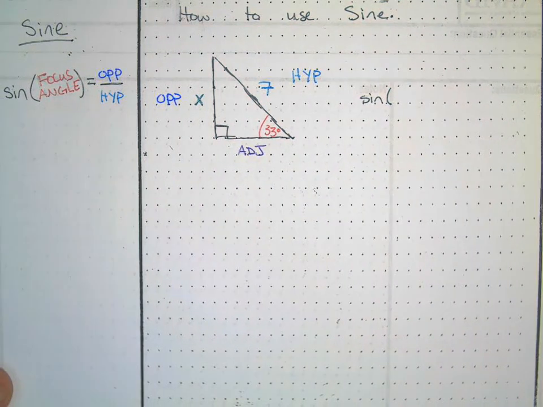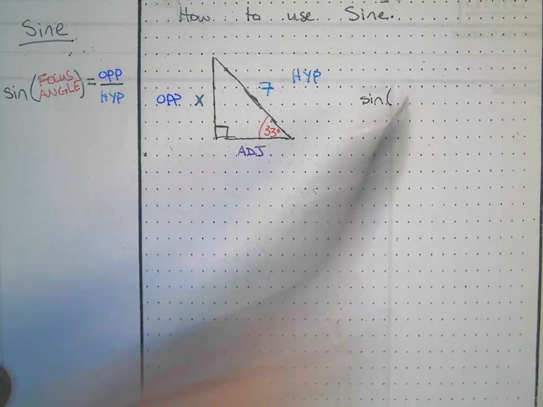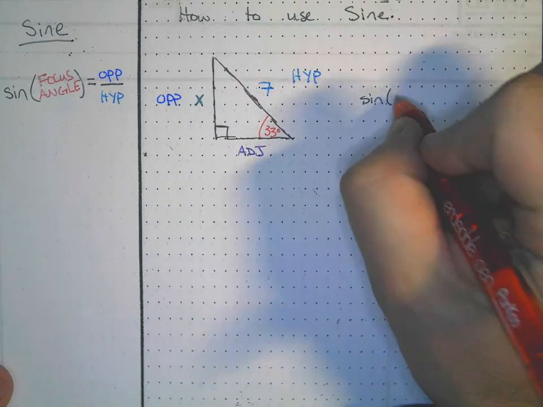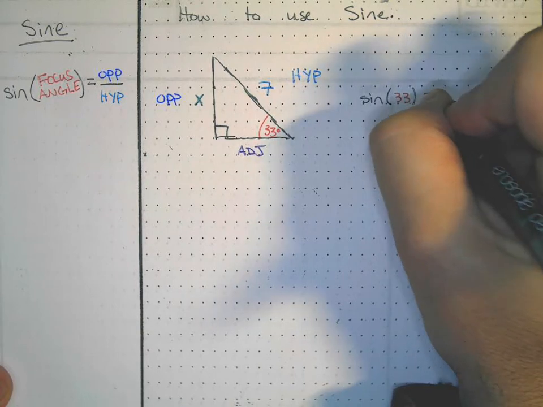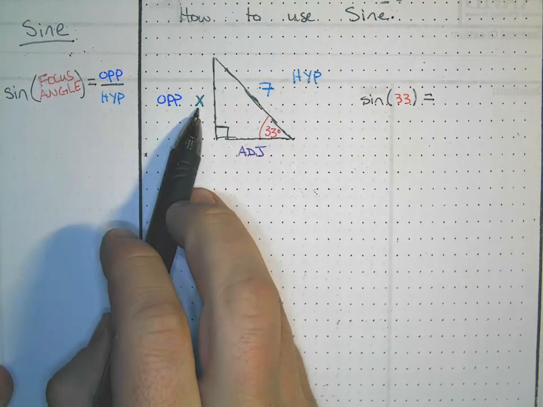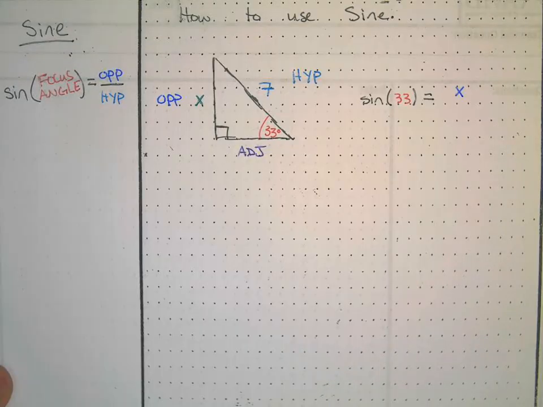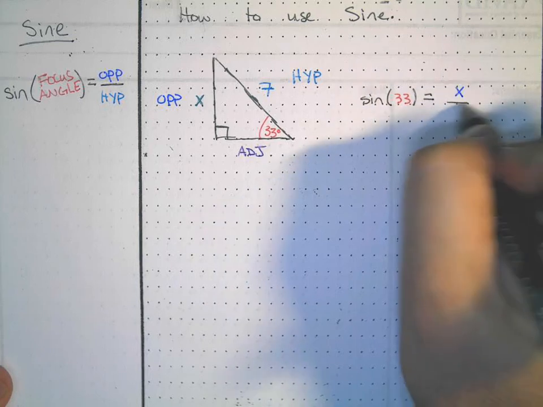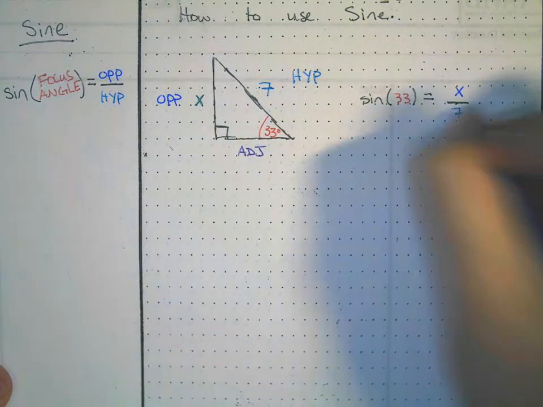Then I'm going to put the number in for the focus angle. My focus angle is 33, so I'm going to put that in right here. And this is equal to opposite. Well, for my problem, my opposite is x over the hypotenuse, which for my problem is 7.